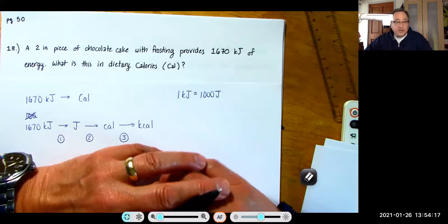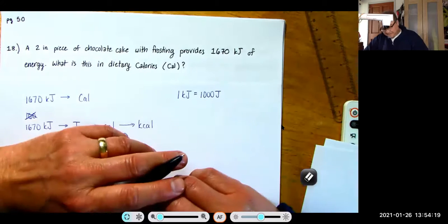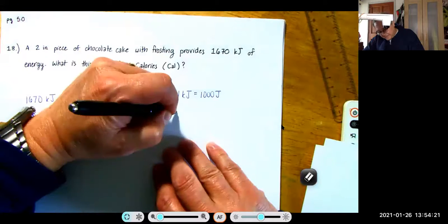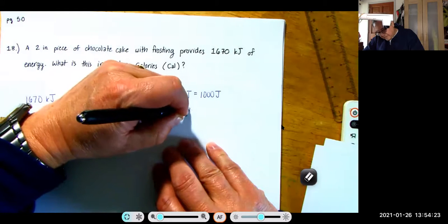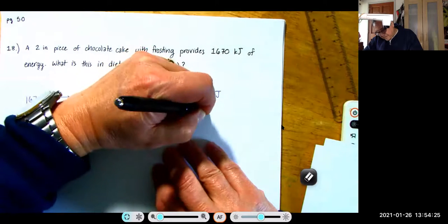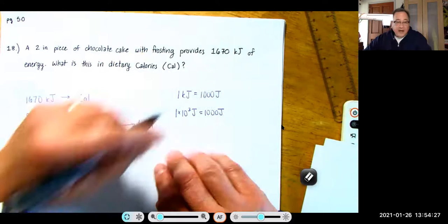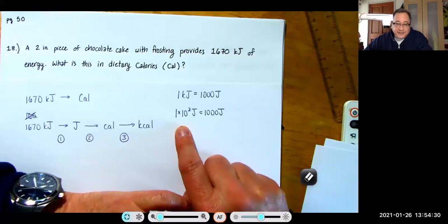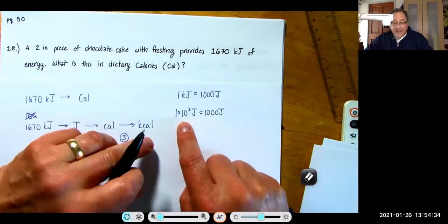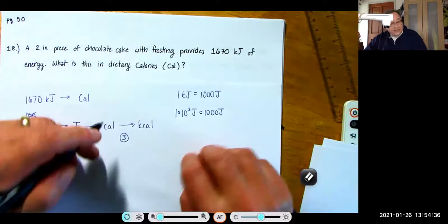So let me show you how you can prove that it's correct. I'm just going to get rid of all the prefixes. K means 10 to the third. Now I'm going to take that and expand it so it's not 10 to the third.